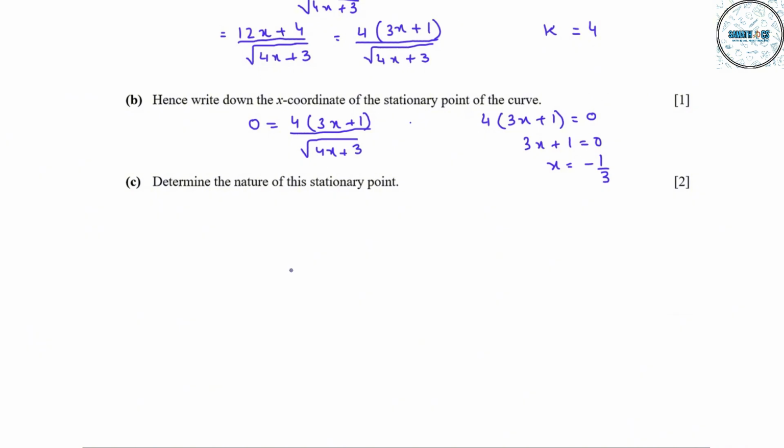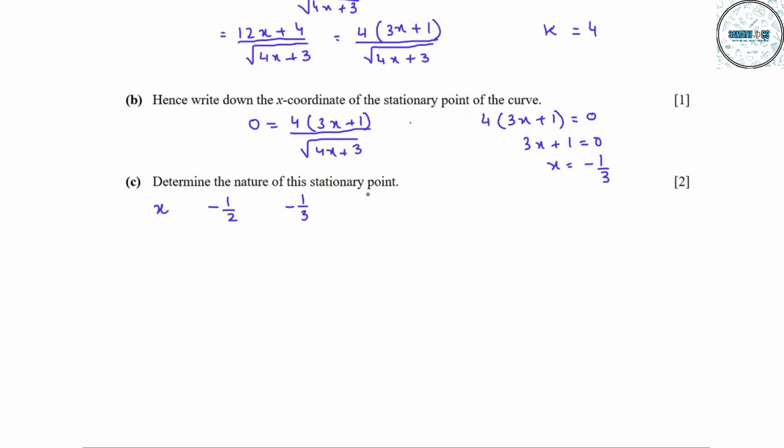Part C, determine the nature of the stationary point. For this, we will consider the value of x at the stationary point, that is -1/3, and another value which is lesser than this, and another value which is greater than this. Why do we do this?